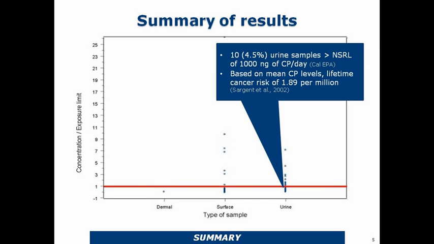Then lastly, with urine, 10, or 4.5%, of urine samples exceeded this NSRL, I forgot what that stands for, but it's basically a threshold limit of 1,000 nanograms of cyclophosphamide per day. Based on our average levels in the study, we did a risk assessment calculation, and we found that these levels result in an increased risk of cancer of 1.89 per million.